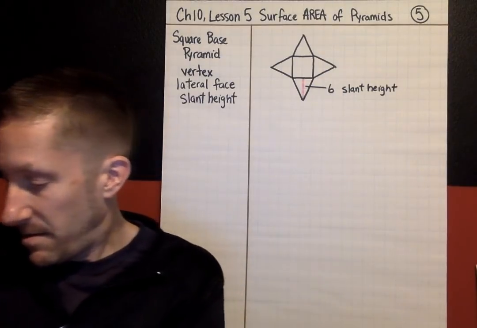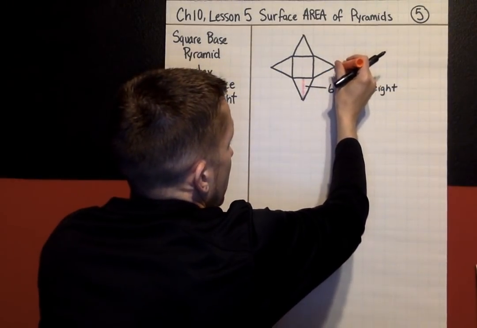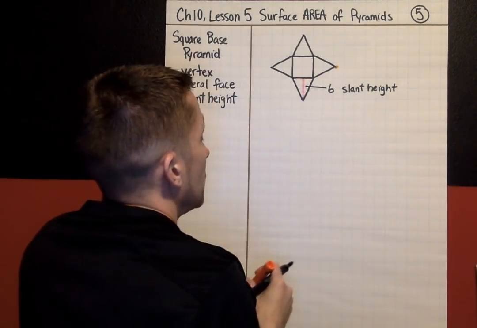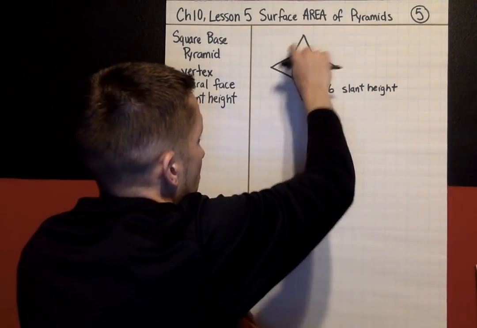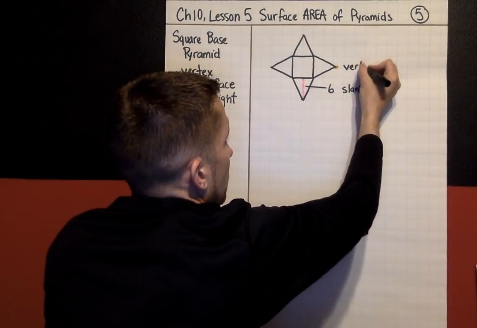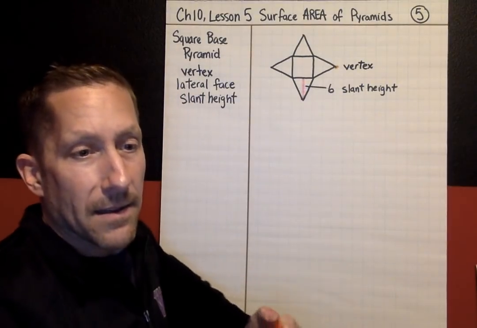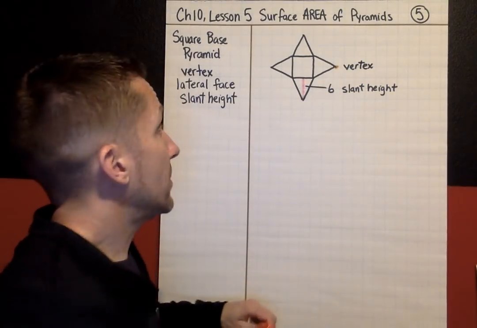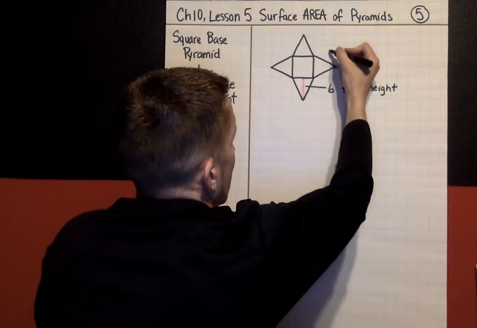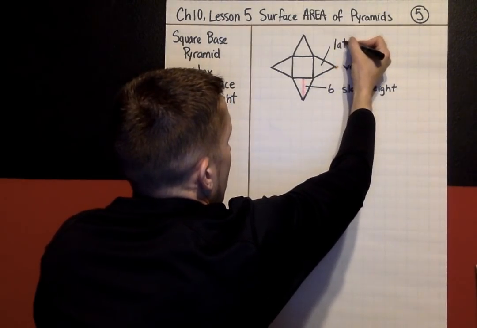This point right here, the very tip of the triangle, they're all going to come together at the top, and that creates the vertex. Okay, and the other term that we wanted to talk about is this triangle. That is called a lateral face.